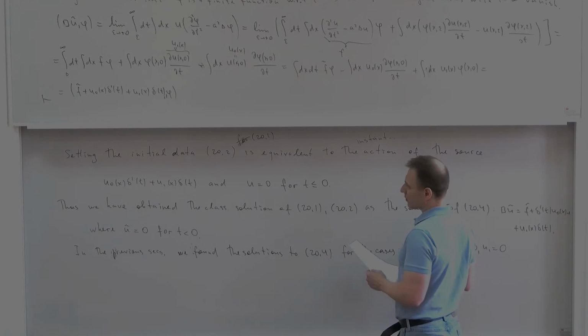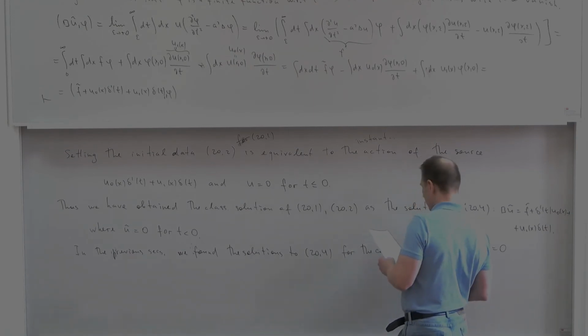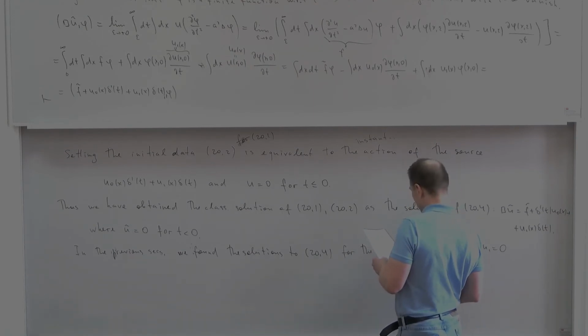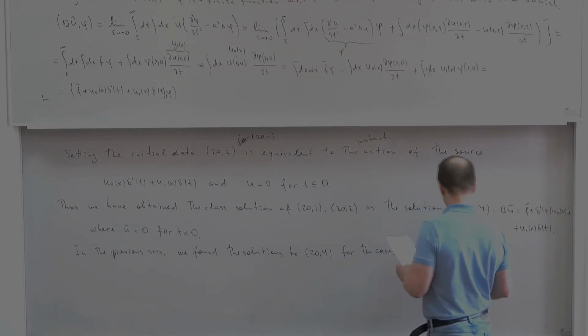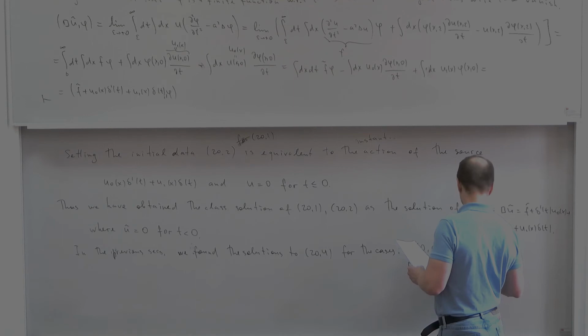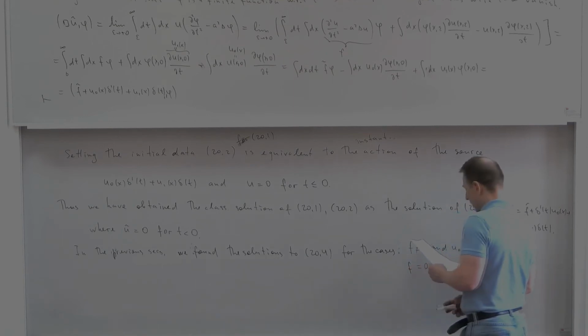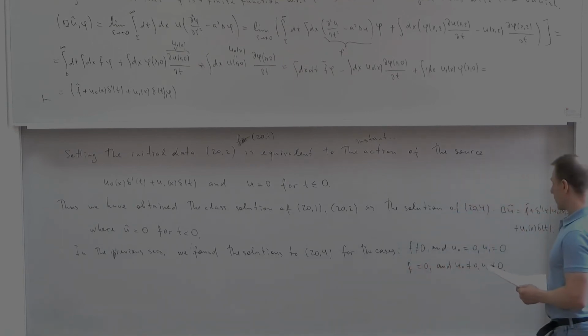Excuse me, this is the retarded potential, simply. And as for the case when f is equal to 0 and u0 and u1 are not zeros, then these are the surface retarded potentials.